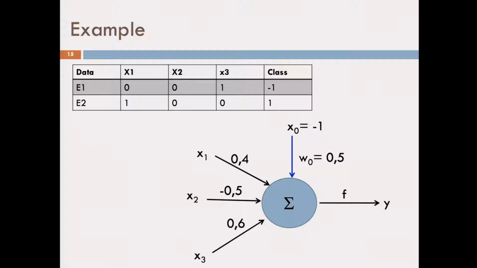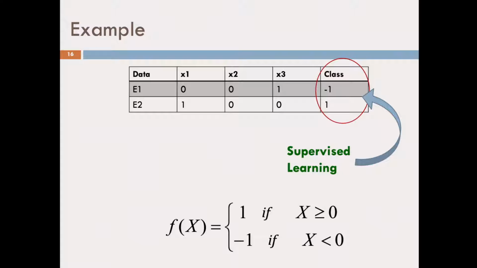Now, given these weights, we are going to initiate our training. Remember, we need data to train the algorithm, and this is our data. Good. Now, we have our desired class. That's why this is called supervised learning.